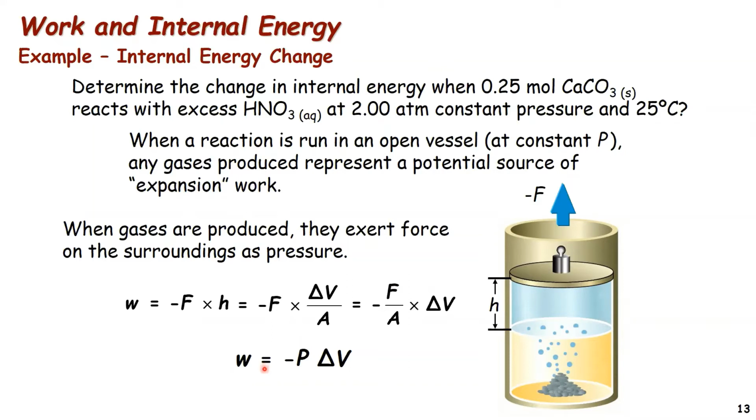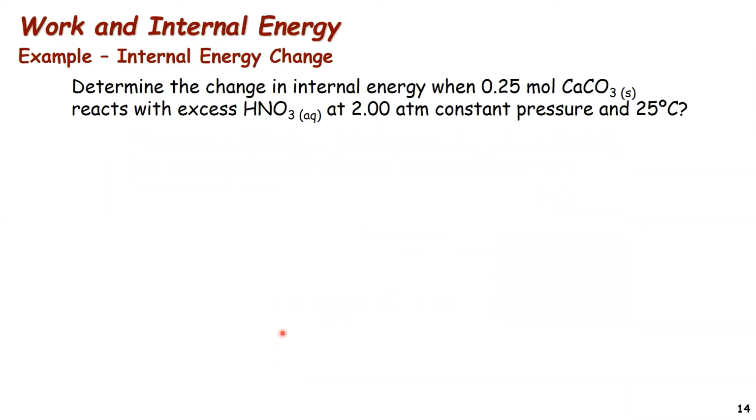Okay, so it's going to be expansion work, and it's going to be P, and this has to be at constant pressure. Notice that it's not delta P. So this works at constant pressure only. Okay, so we have constant pressure and then the change of volume. It's negative, again, because the system is pushing, it's losing energy. So that's where the negative comes from.